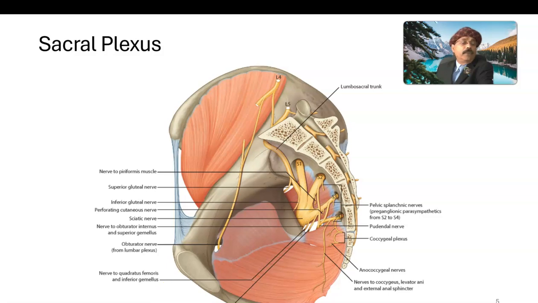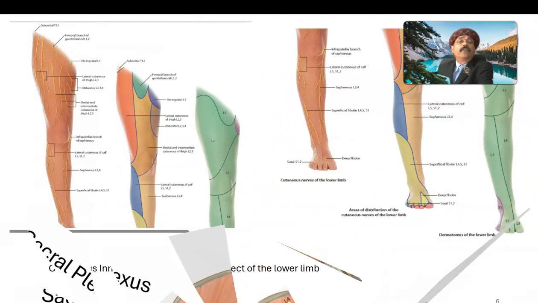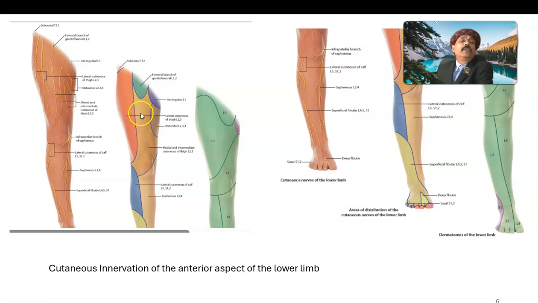And if we go further down, we are seeing the femoral branch of the genitofemoral nerve, cutaneous innervation; the ilioinguinal nerve, cutaneous innervation; the obturator nerve, cutaneous innervation; and this part, cutaneous innervation is done by the femoral nerve.